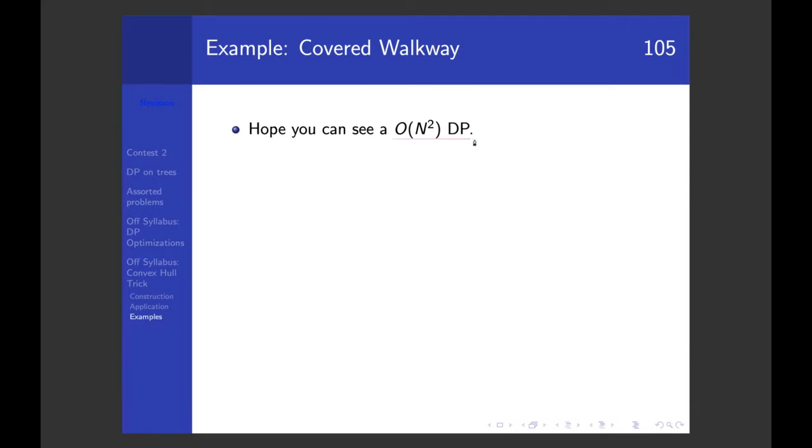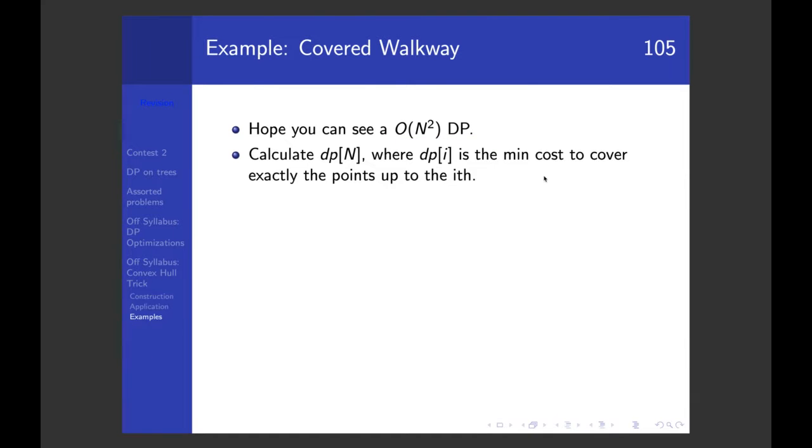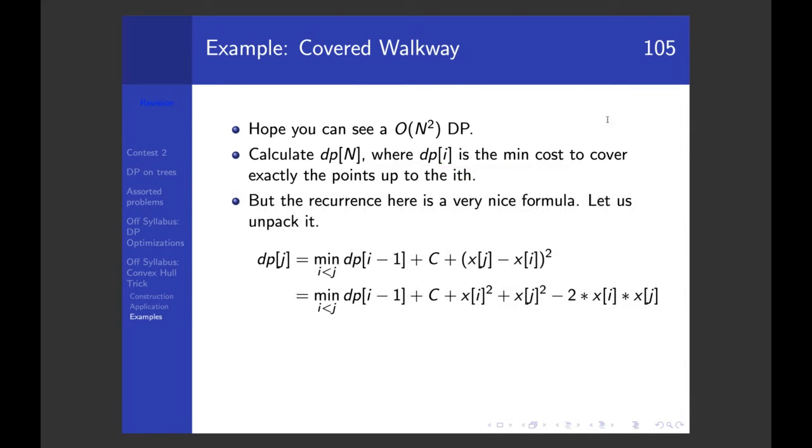So, the obvious n squared dp. dp i is the minimum cost to cover the first i points. The recurrence is, for case i, we're going to consider how far along we build.